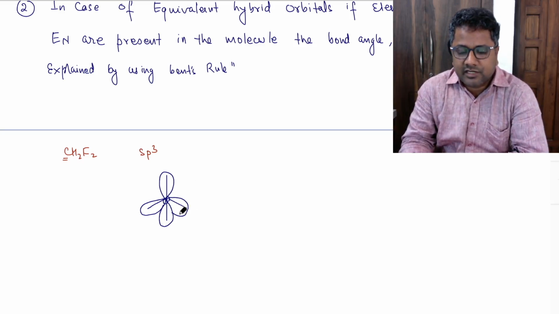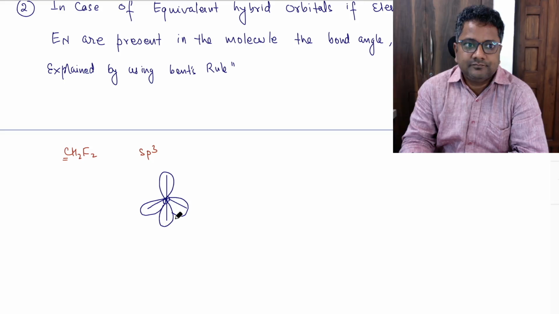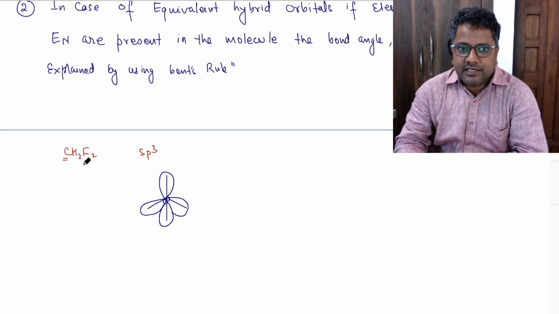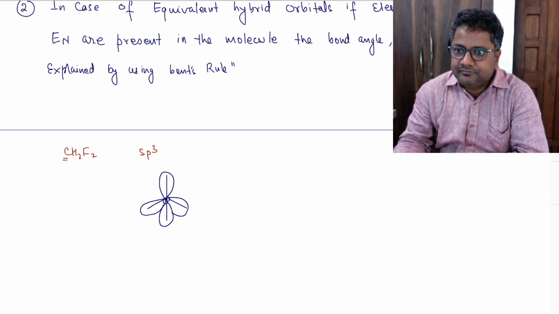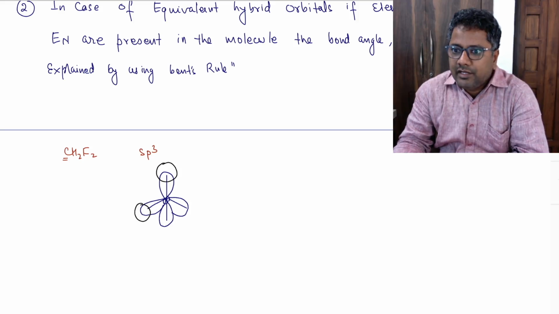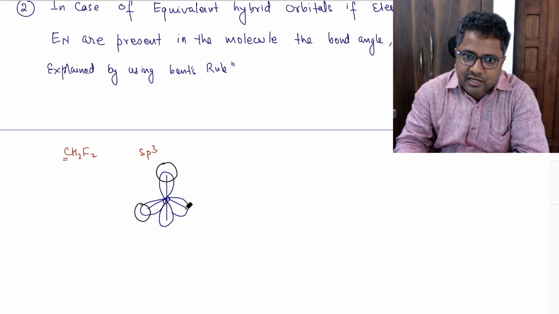In all these orbitals, it is equal, right? But when hydrogen and fluorine overlap, what will happen? See, two hydrogen atoms overlap with these two, and two fluorine atom orbitals overlap.